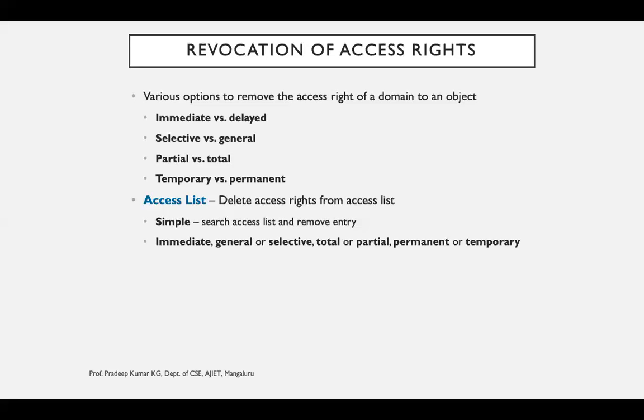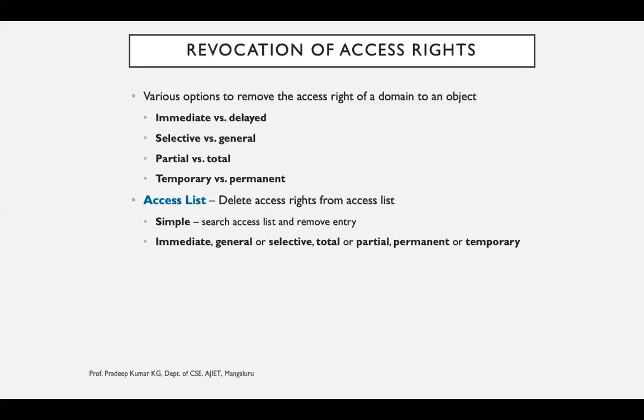The rest of the pages should be hidden. So that is partial. You are giving access to your friend so he can perform the read operation only on the first page. So the object is your document, permission is read. To whom? The domain, your friend.